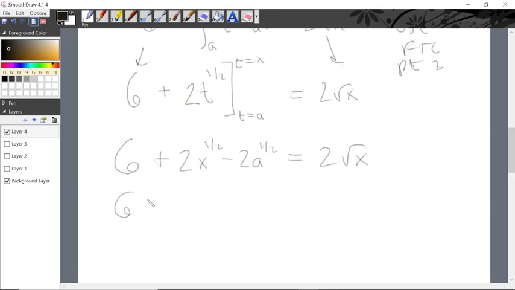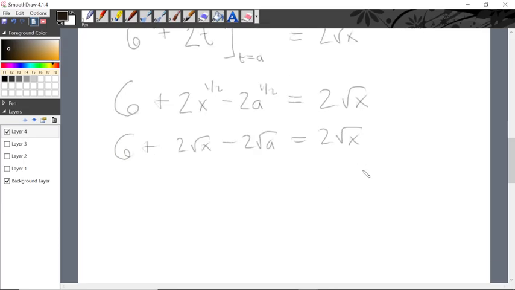So that is 6 plus 2 root x minus 2 root a is equal to 2 root x. Can we solve this for a? Subtract 2 root x from both sides. We get 6 minus 2 root a is equal to 0. So 6 is equal to 2 times the square root of a.